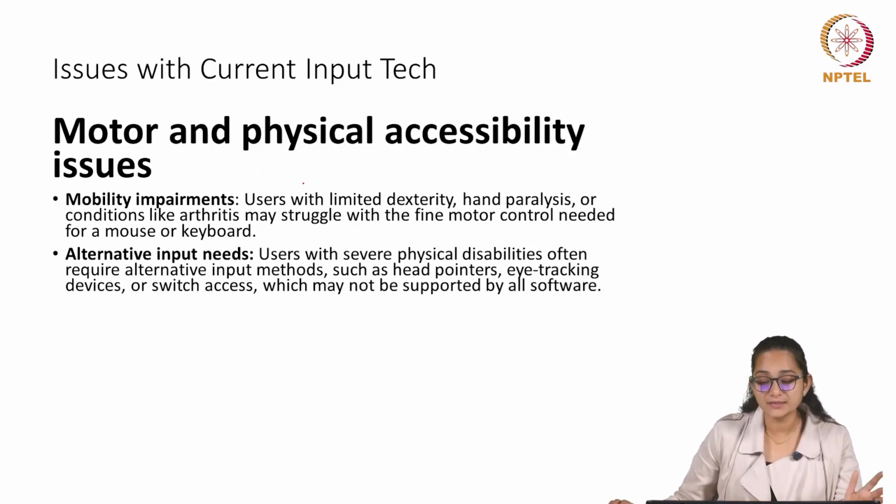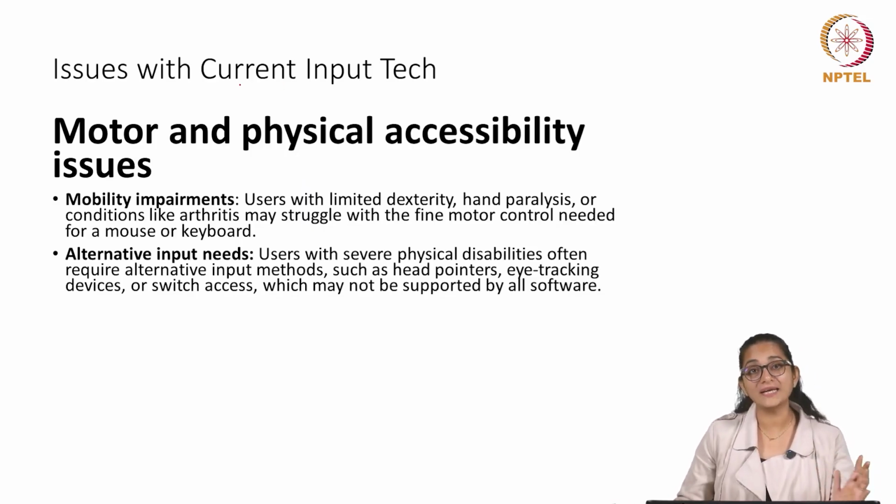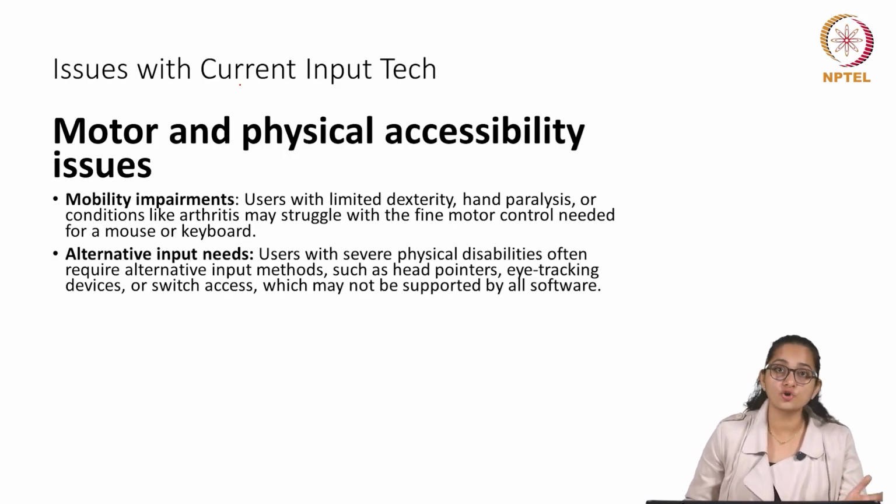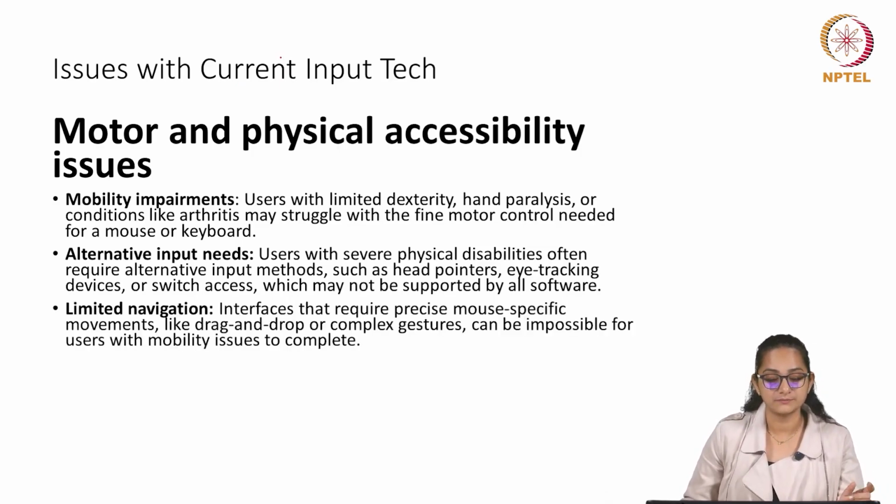Or switch access, which may not be supported by all software. So, basically we ideally would need alternative inputs, but that is not something which is supported by a majority of our interfaces.